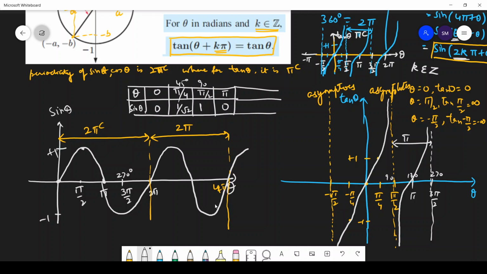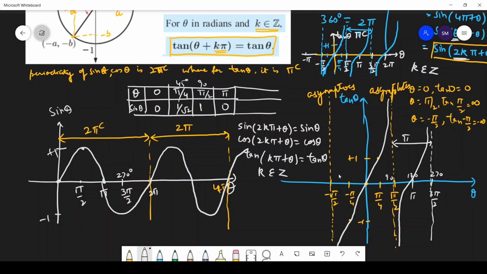That's the meaning of periodicity. That is why for sine I can write sine of 2k pi plus theta equals sine theta, and similarly cos of 2k pi plus theta equals cos theta. But for tan, you can write only k pi plus theta equals tan theta, where k belongs to the set of integers.